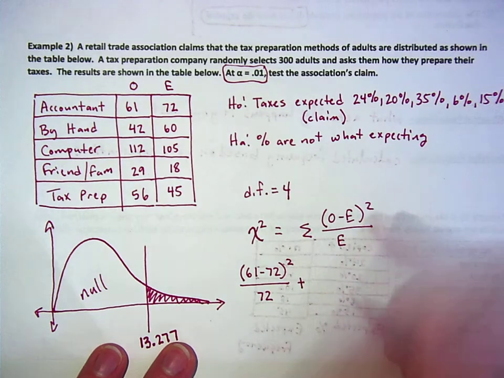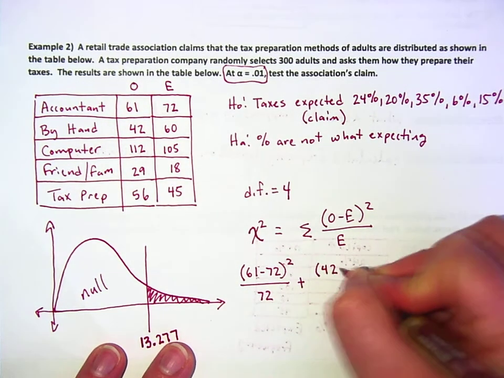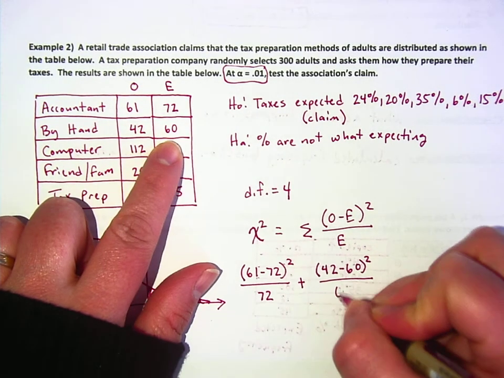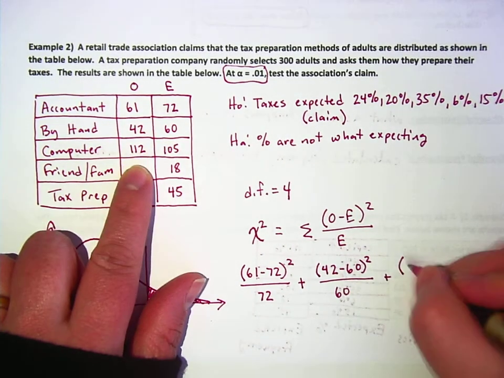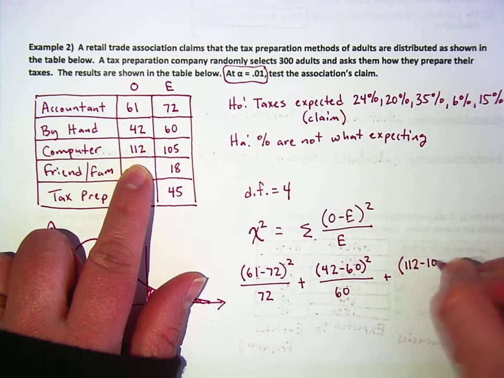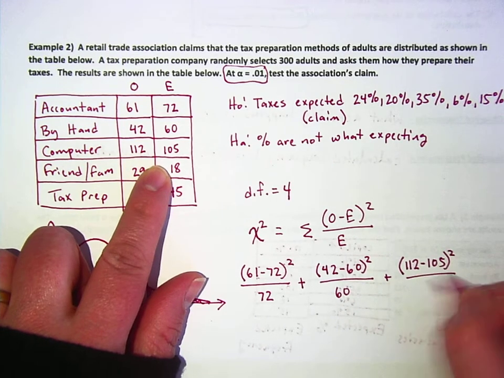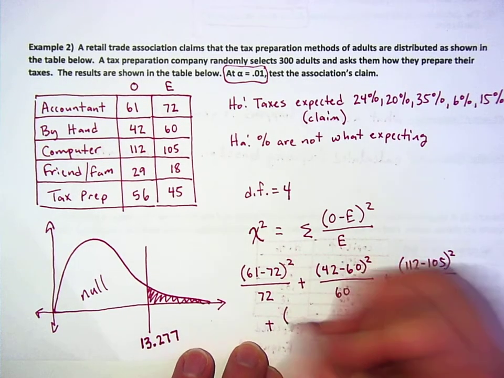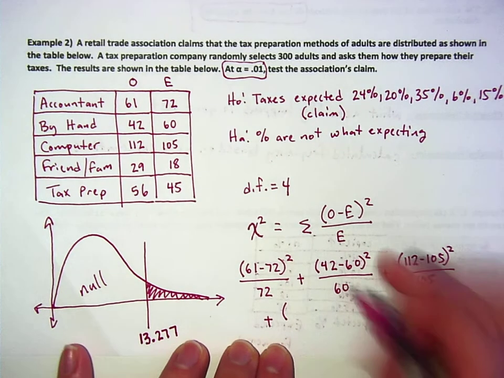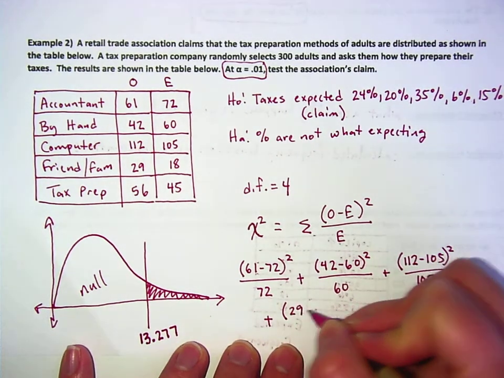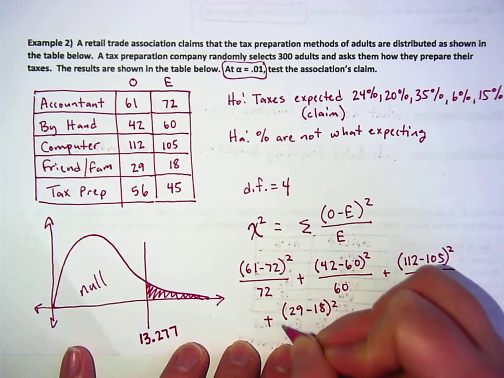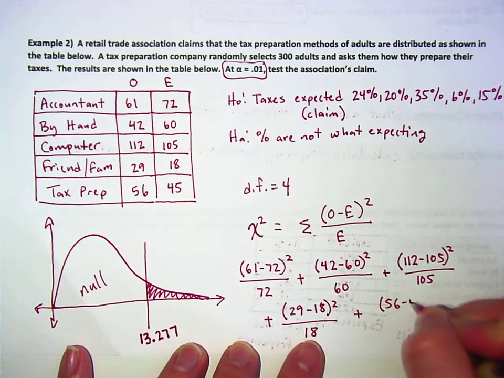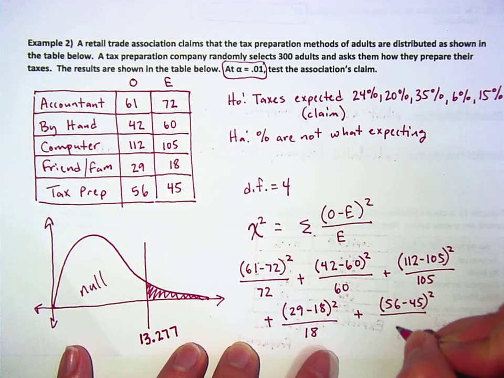Then we're going to add that to the next one, which is (42 minus 60) squared, all divided by 60. (112 minus 105) squared, all divided by 105. (29 minus 18) squared, all divided by 18. And then (56 minus 45) squared, all divided by 45.